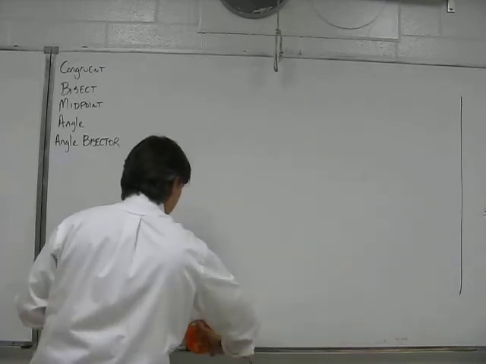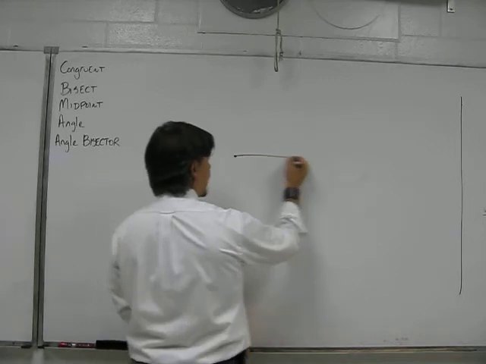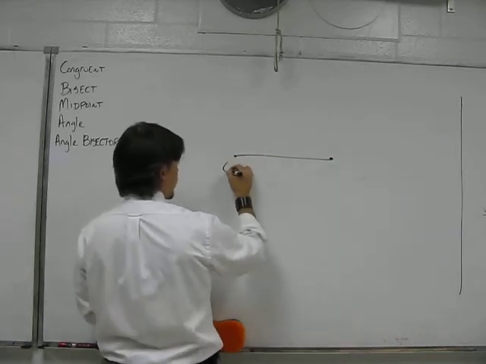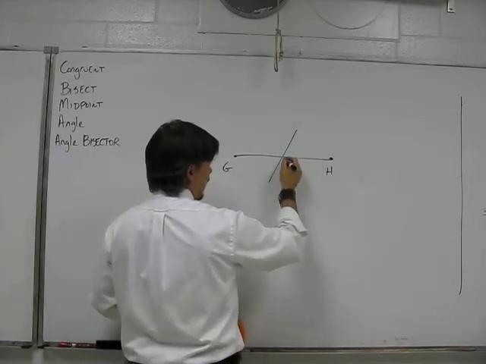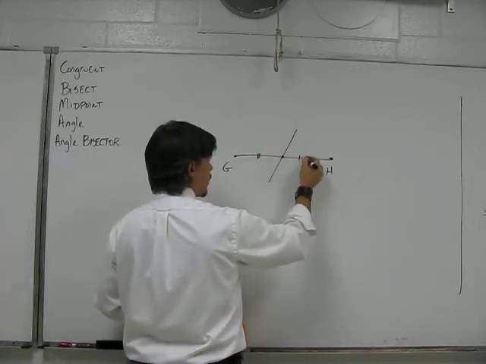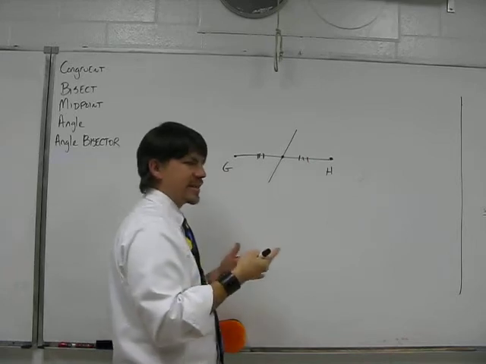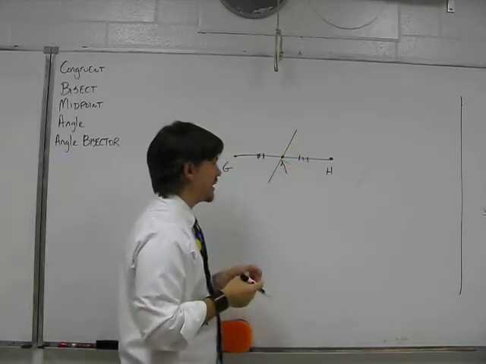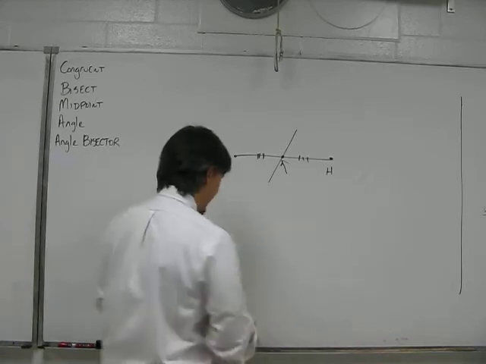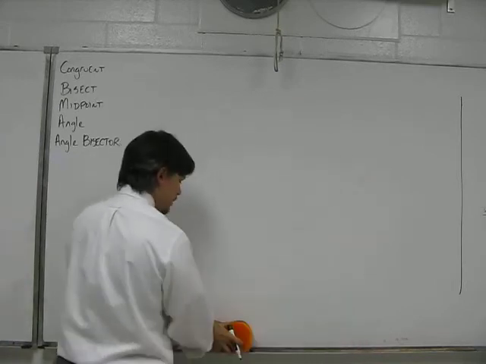Next, if I say that segment GH got bisected, that means that that bisecting must go through the midpoint. Now don't get confused, bisect is the action. The midpoint is the result. It is that point. So let's discuss this.